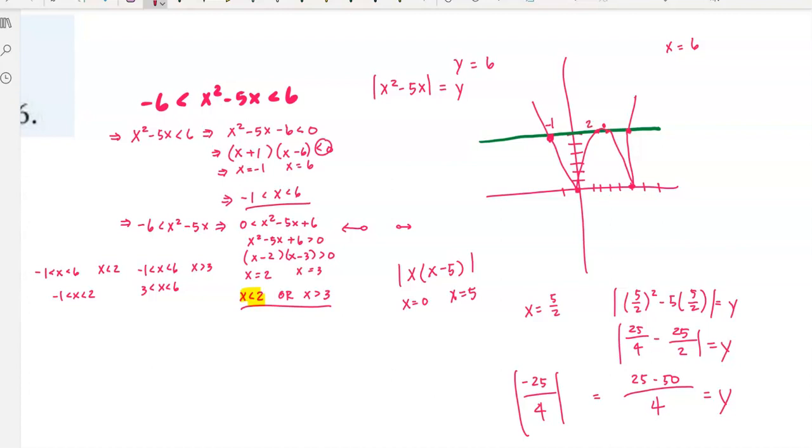Negative 1 to 2, and then 3 to 6. So notice that all of that graph is underneath 6 in those areas. So this is the final answer.